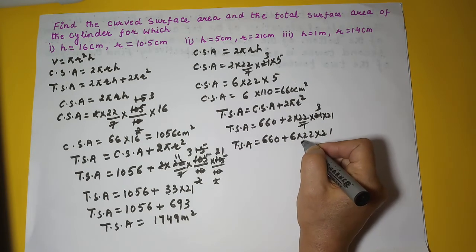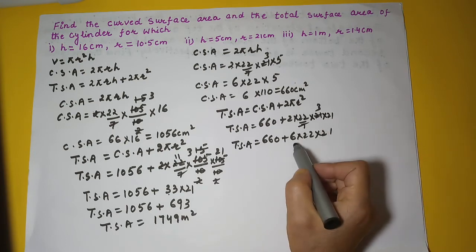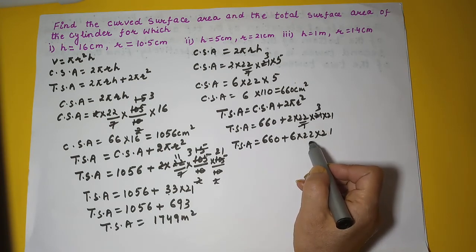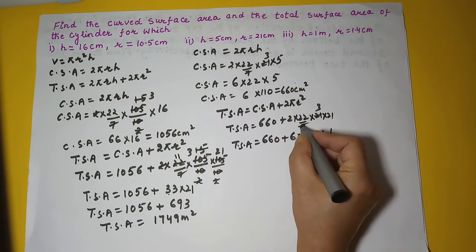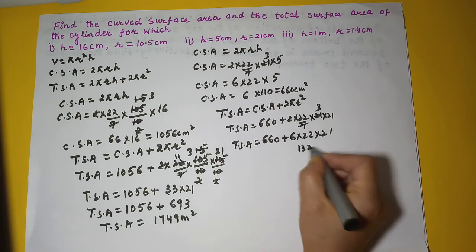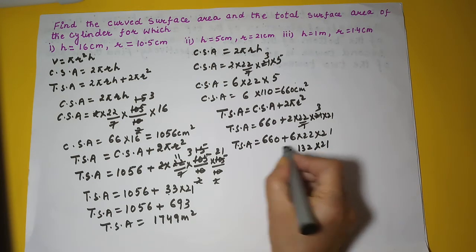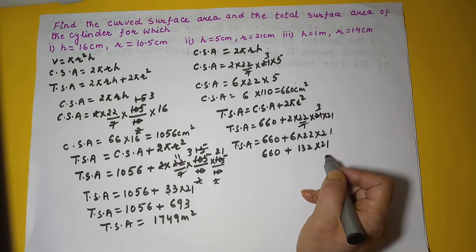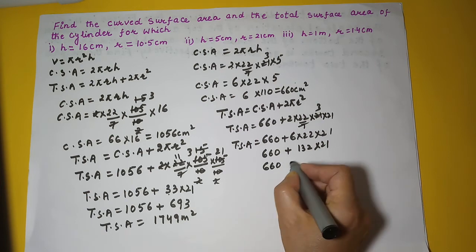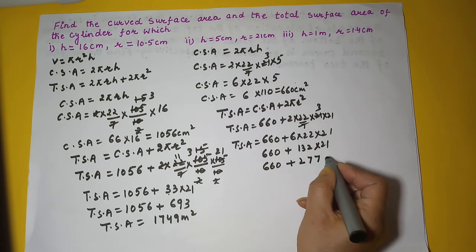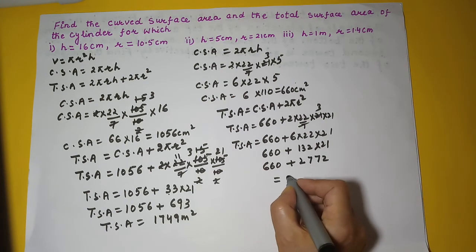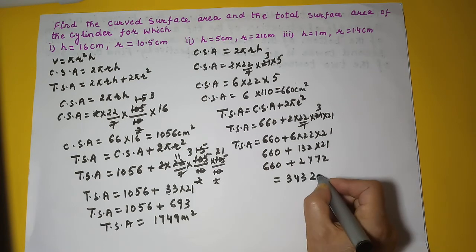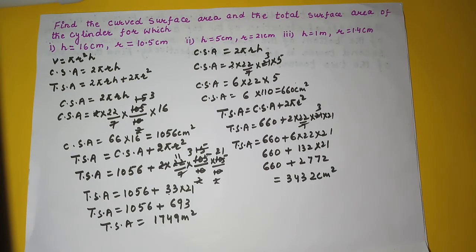So this becomes 6 2s are 12 and 132 into 21 plus you have this 660. So 132 into 21 is 2772, which is equal to your 3432 centimeter square, right?